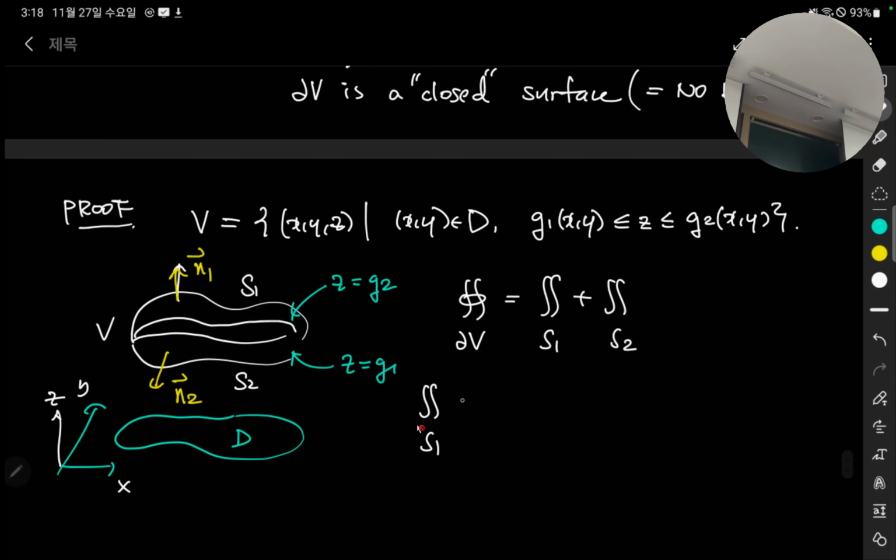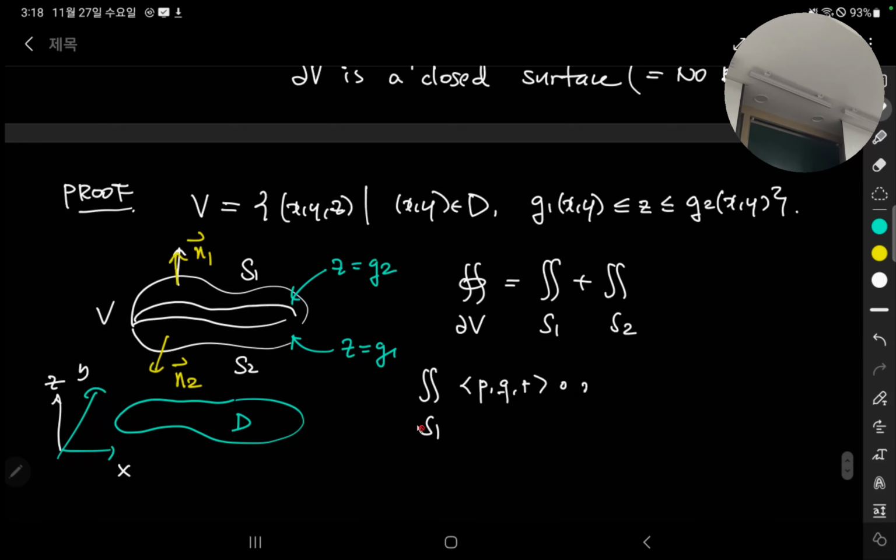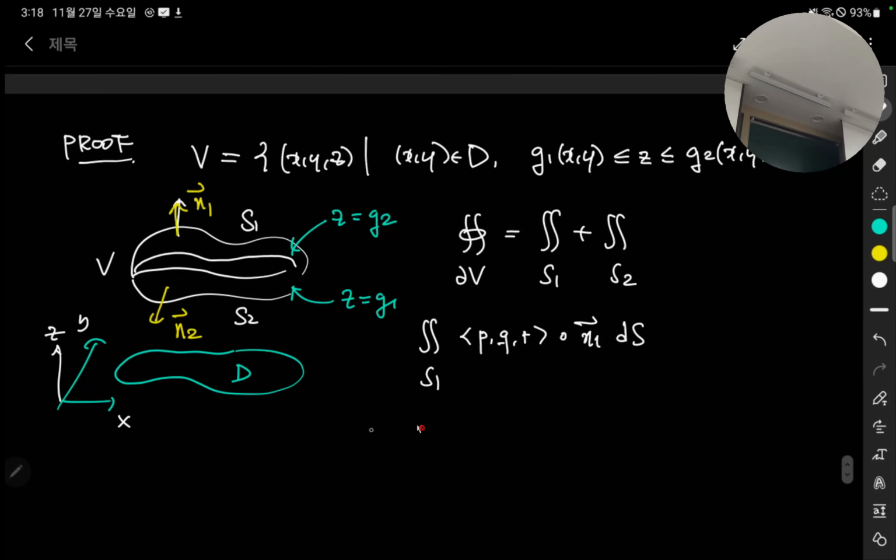On S1, what am I integrating? I'm integrating the vector field (P, Q, R) with the orientation N1 dS. Everything is a function of three variables, but the z coordinate is defined to be the value of G2. You should keep that in mind.